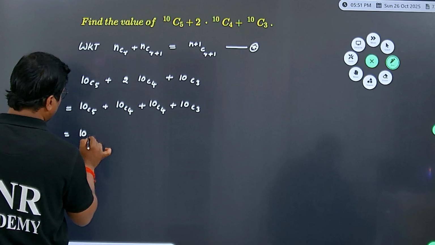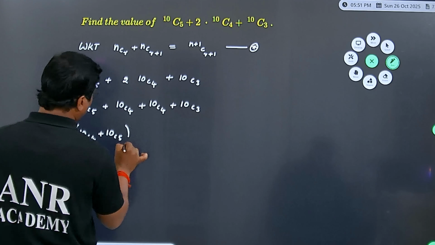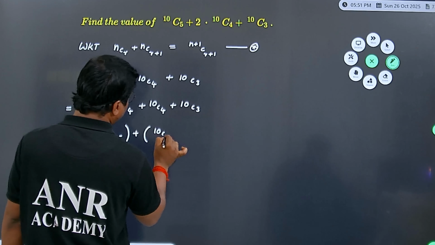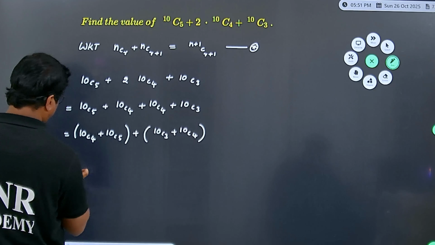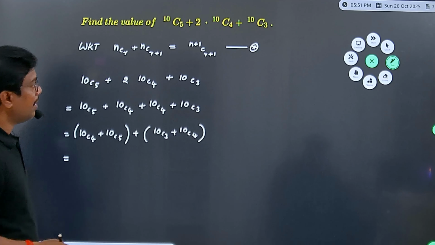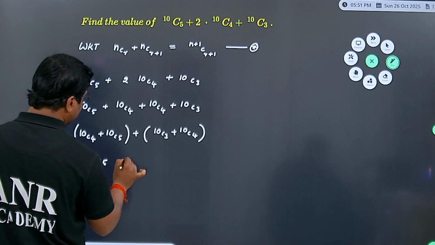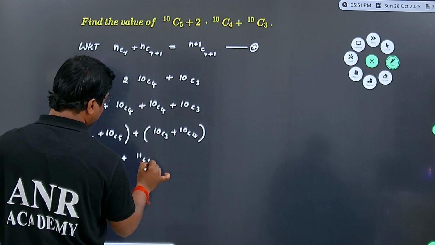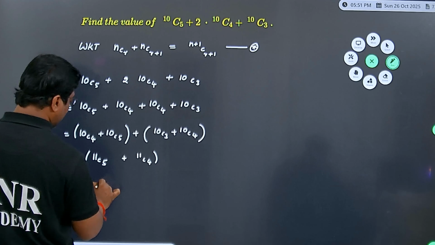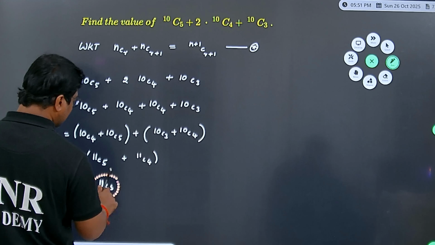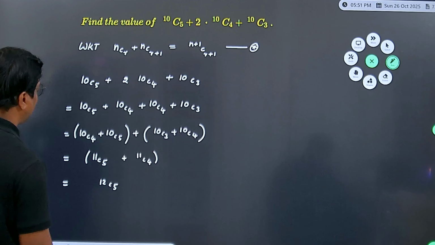Now 10C4 plus 10C5 keep in one bracket, 10C3 plus 10C4 keep in another bracket. Using that property, now I can write this as 11C5 plus 11C4. Again, if you use the property, then you will get 12C5.